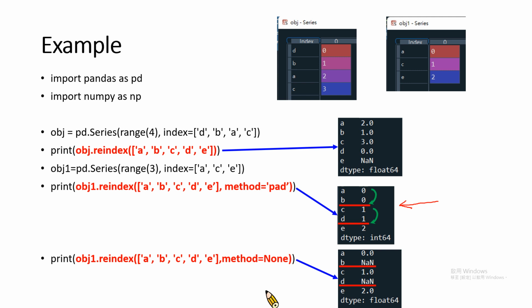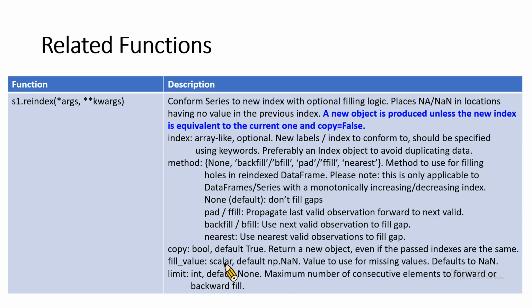And then here we set the method to be none. None means we will keep, we will not fill in the new value. We just keep the NaN value here.